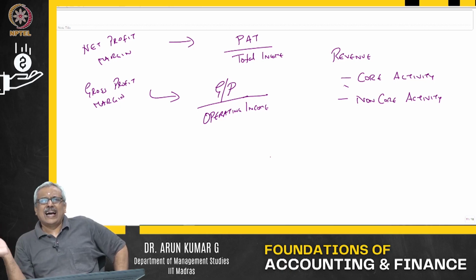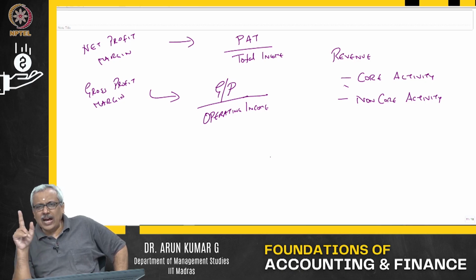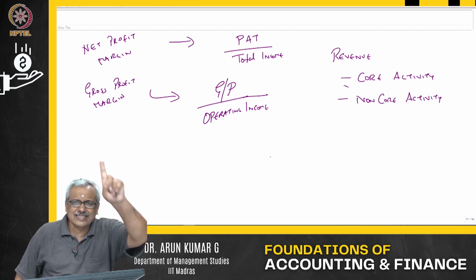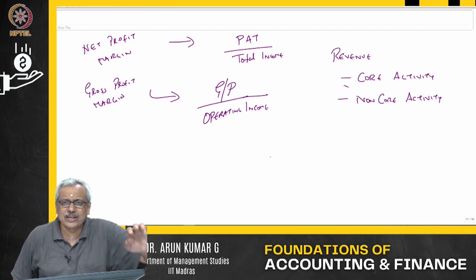I have extra space. I have rented it out to somebody. When I am earning rent on that, is that income on the core activity? No, non-core activity. My core is only manufacture the vehicle, sell the vehicle, and service the vehicle.